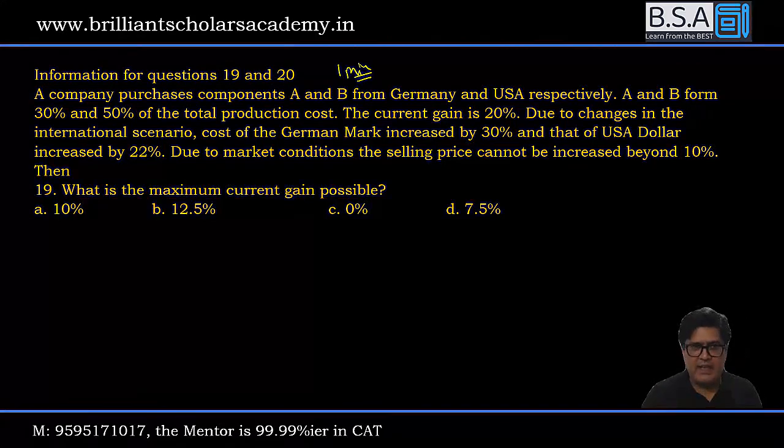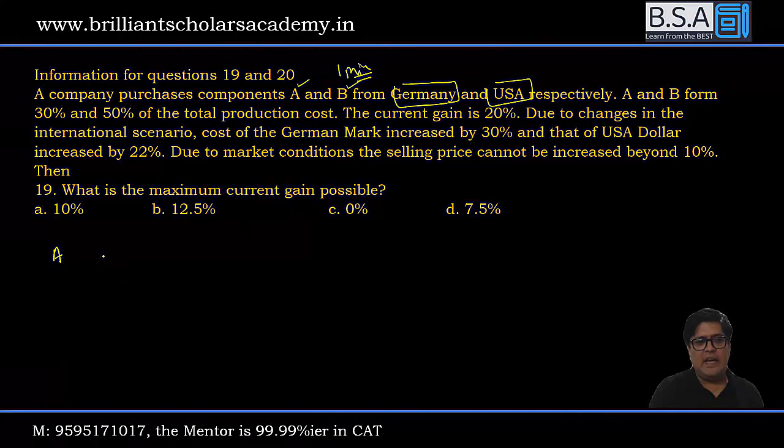We are purchasing different components A and B from different countries. Let us break that down first. From Germany, the company is purchasing A, and from USA, company is purchasing B. This A and B, what are they?